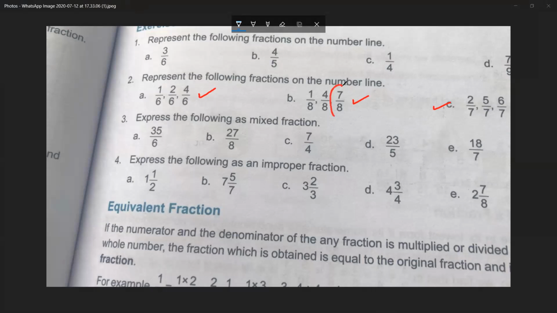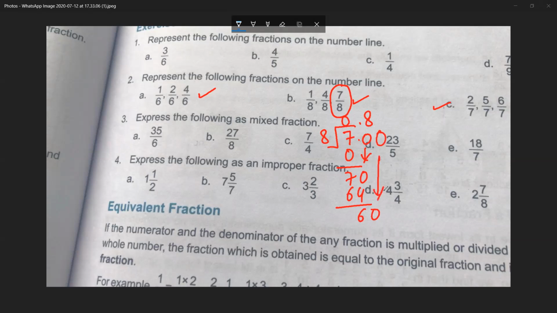So, for example, if I have 7 by 8. Now, 7 by 8, when I do decimal division, 8 8s are 64. 8 7s are 56. 8 5s are 40.